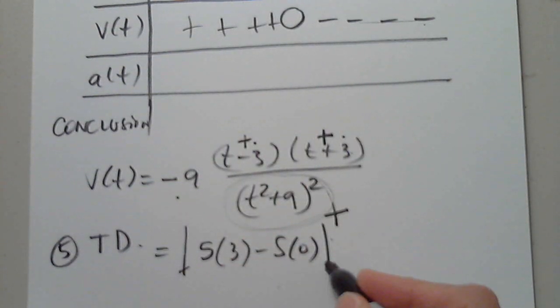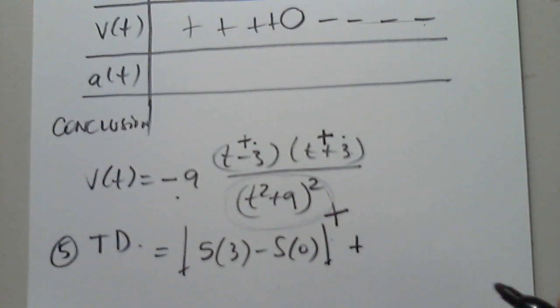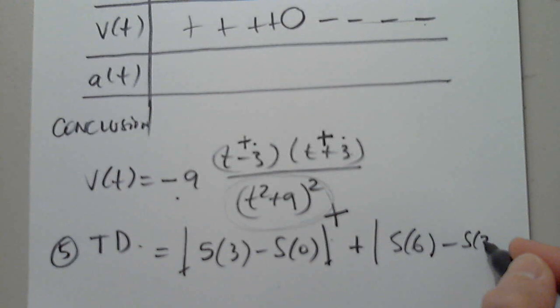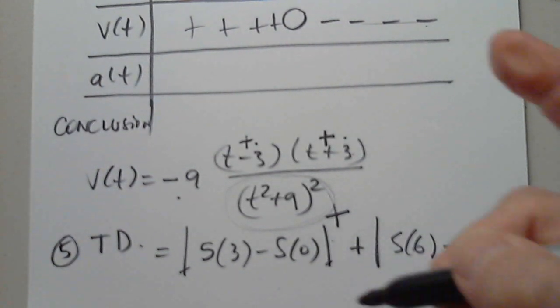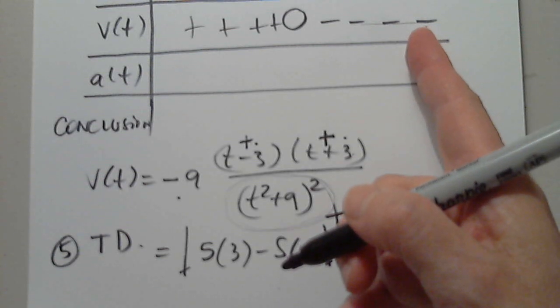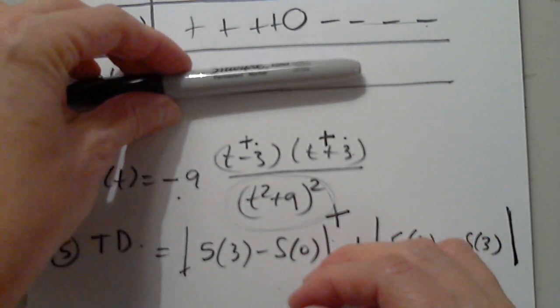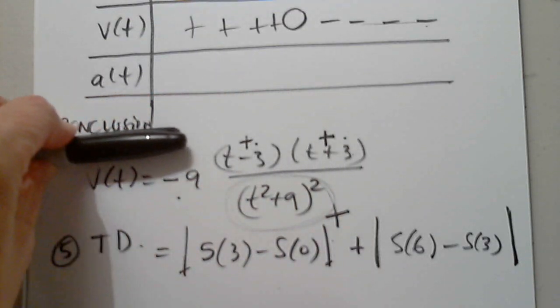True, you could omit those, but you cannot omit the absolute value bars here. So s at 6 minus s at 3. Because if you do not put the absolute value, you will be subtracting this distance instead of adding it. So the particle goes this way for 3 seconds and then comes back, and for the next 3 seconds goes this way.